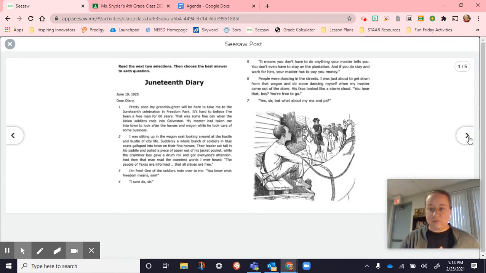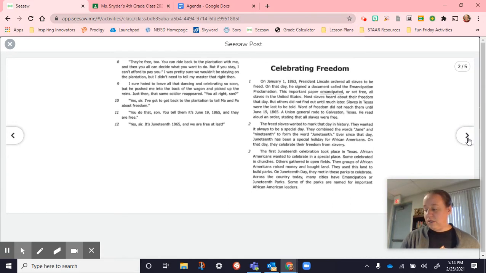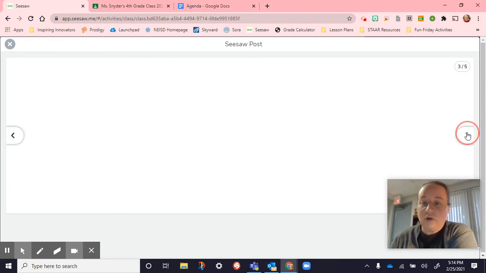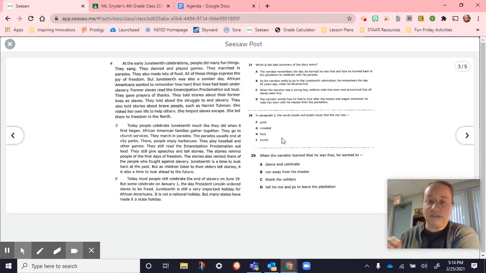So we read the first one, and then we read the second one. So we really want to keep track of the different stories and be able to not have to go back and read the entire thing over, just some little things that, oh yeah, this was what that paragraph was about.